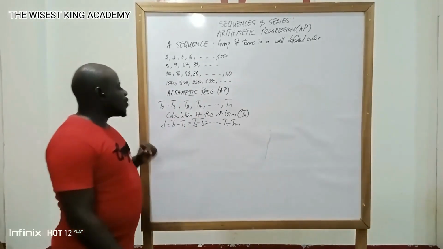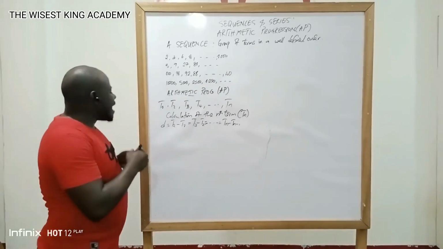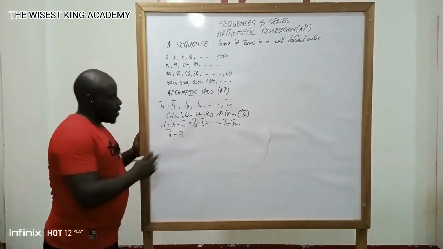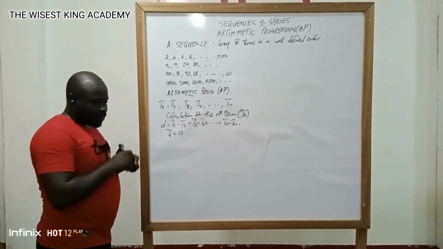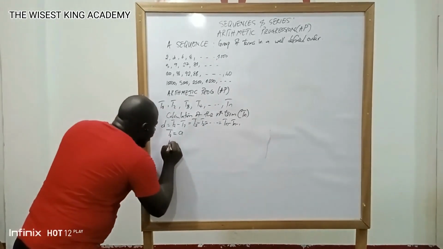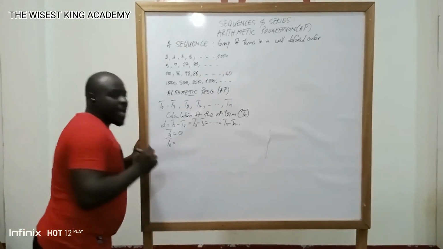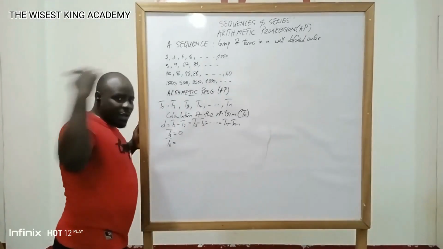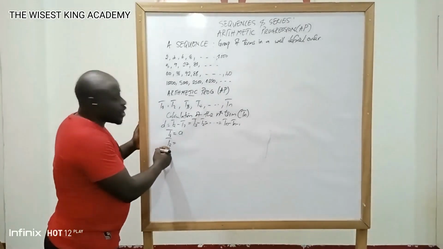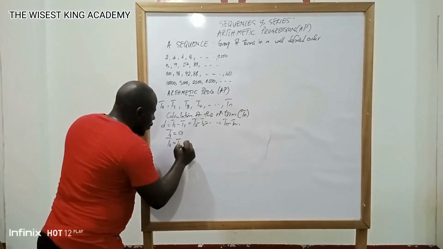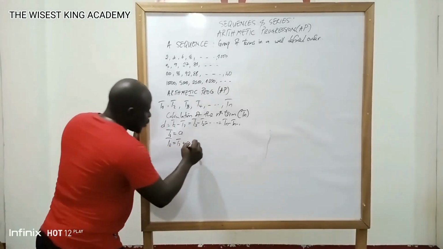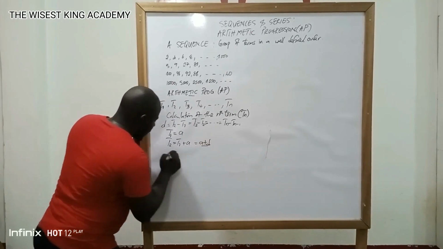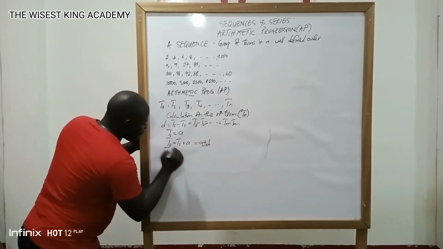Now, let's come now to calculate our nth term. Let's take our first term, T1, to be A. If our first term is A, now, the second term will be, remember, we add the constant number, that's the common difference, to the previous term. The previous term to T2 is T1. To it, we add the constant number. Don't forget that T1 is equal to A, so this will be A plus D. Let's go to T3.